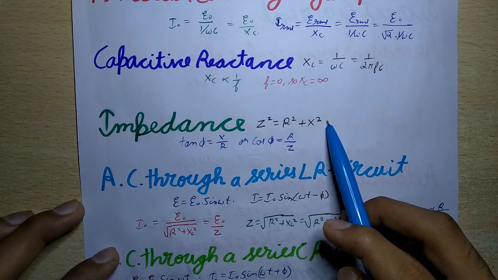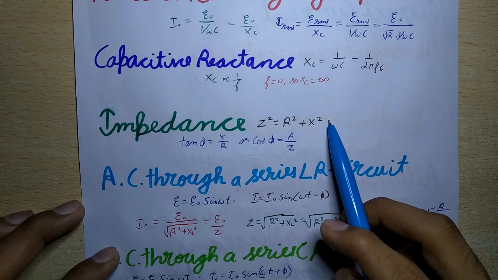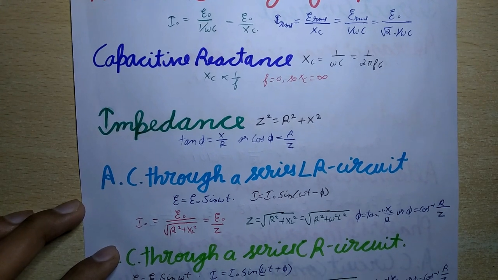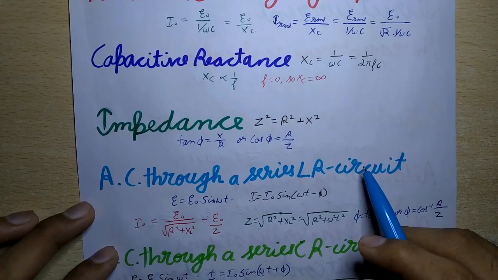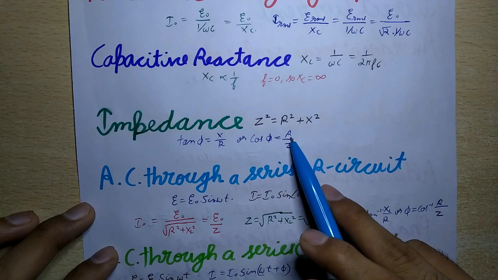The impedance triangle is a right angle triangle whose base represents resistance R, perpendicular represents reactance X, and hypotenuse represents impedance Z of the circuit. From this triangle, the phase angle φ between the voltage and current is given by tan φ = X/R, or cos φ = R/Z.